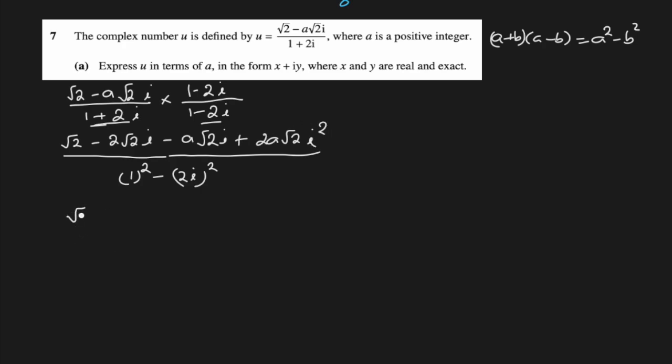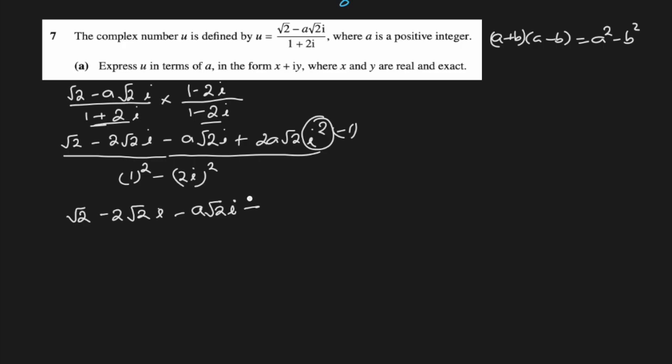So we will have to rewrite this. Square root 2 minus 2 square root 2i, minus a square root 2i, and then not plus, now it will become minus. Why minus? Because this i square is -1.